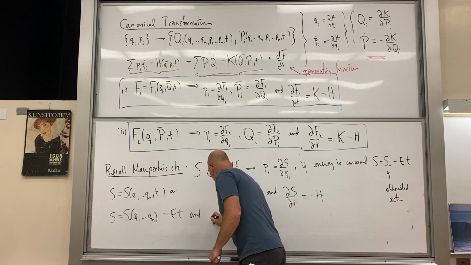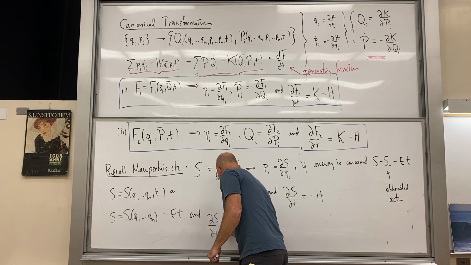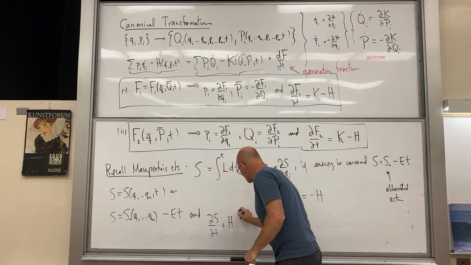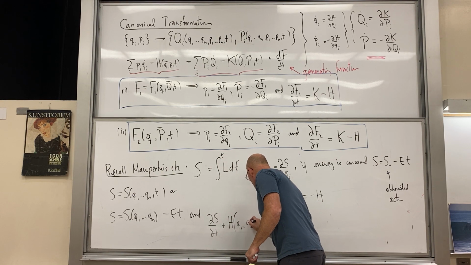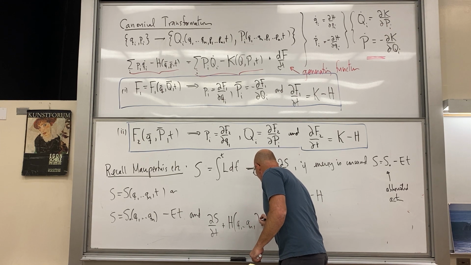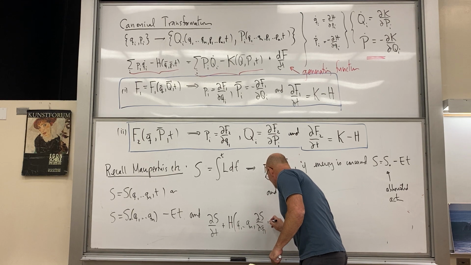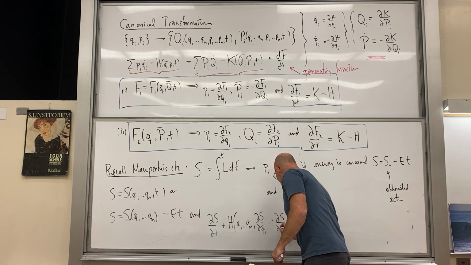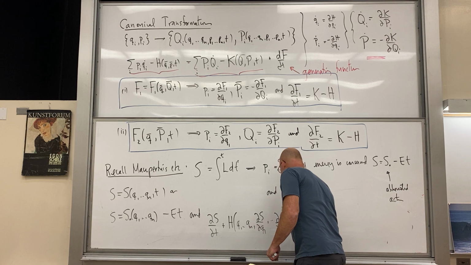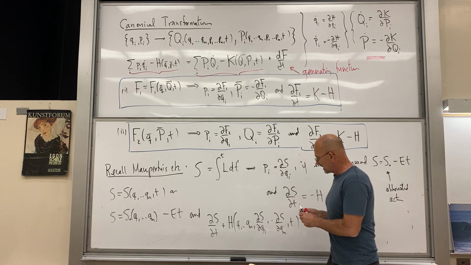For these relations, got room here? Yeah, squeeze it all in. dS dt plus H of q1 to qn, dS dq1, dS dqn, and T. Okay.